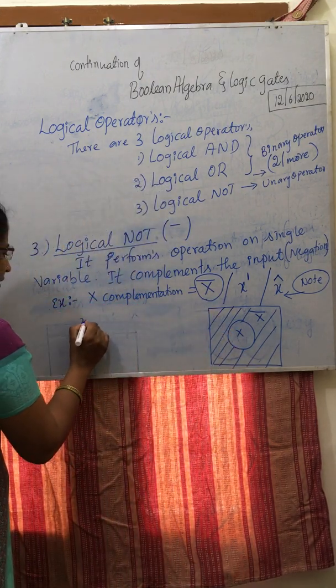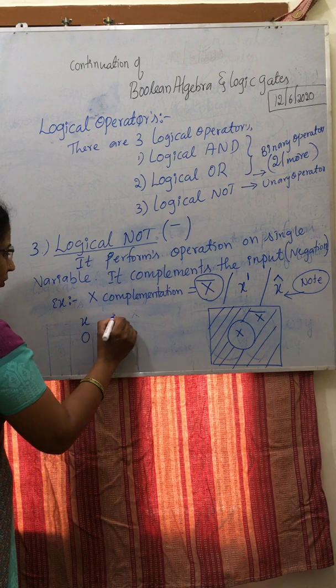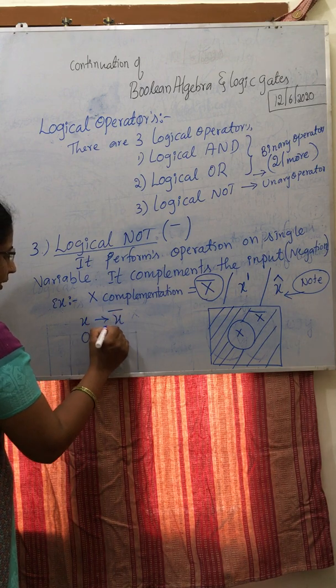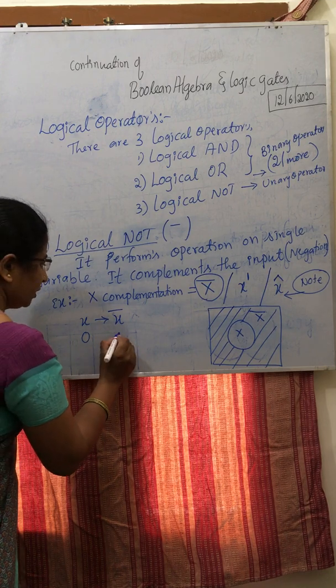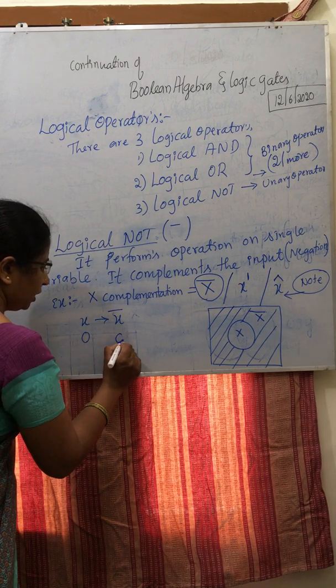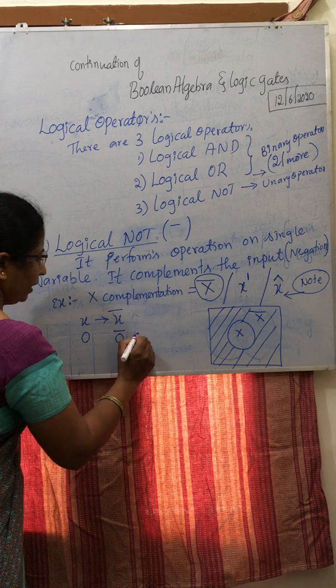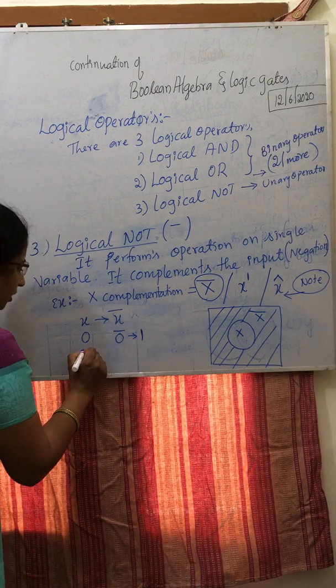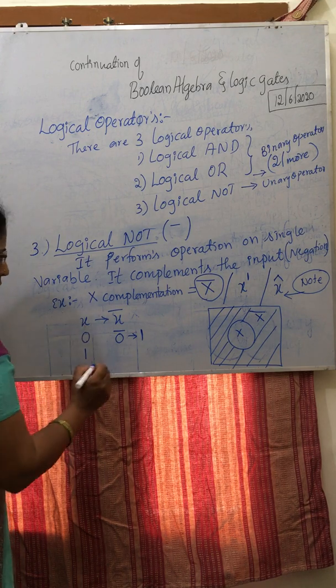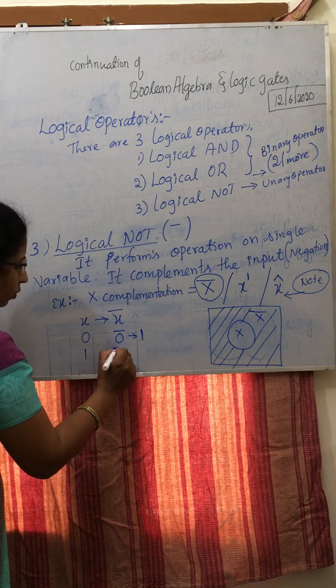It means if X is 0, then X complement is 1. What is the X value? 0. What is the complement of 0? It is 1. Hope you understood. If the X value is 1, what is 1 overbar?